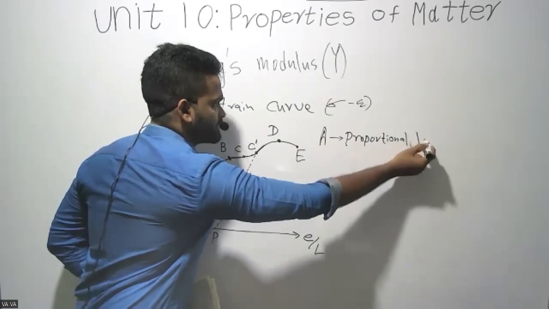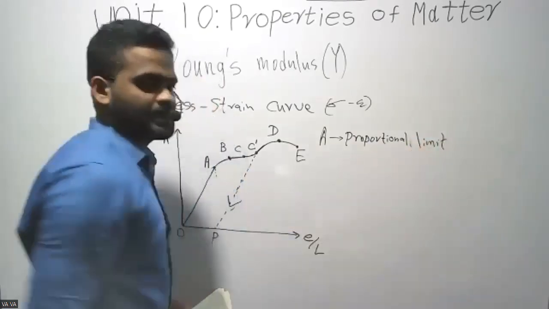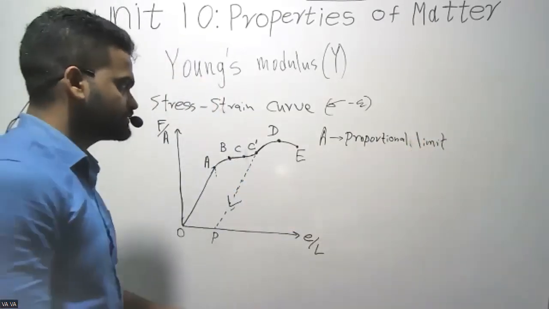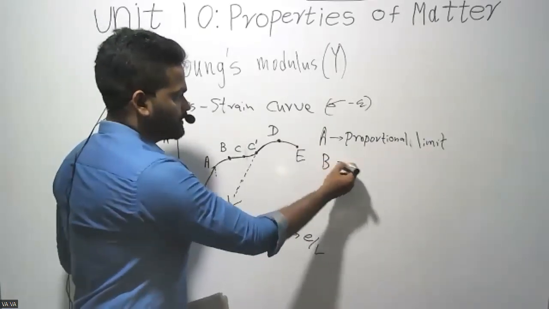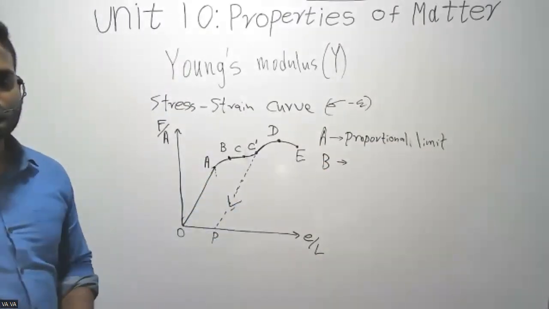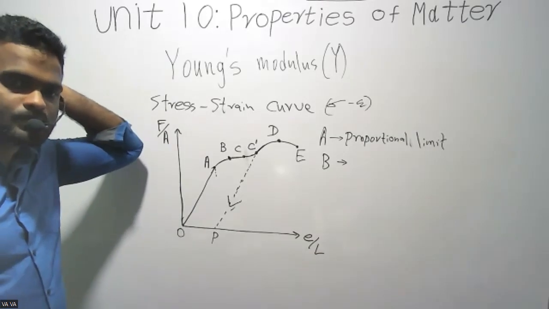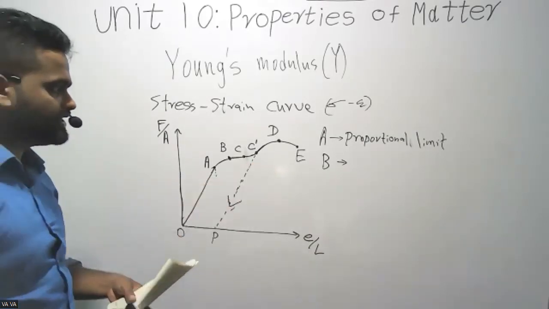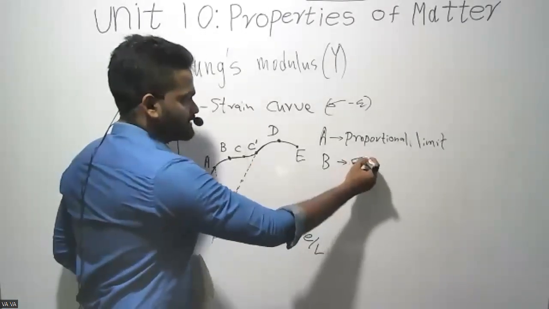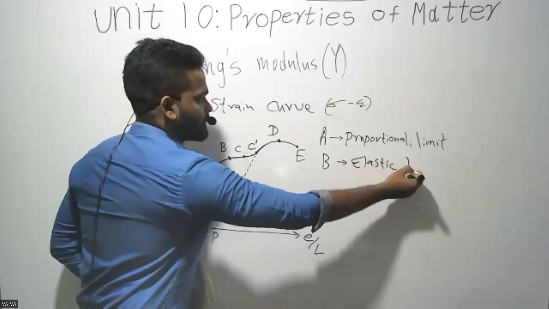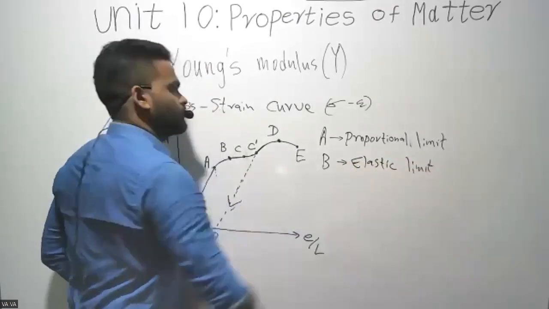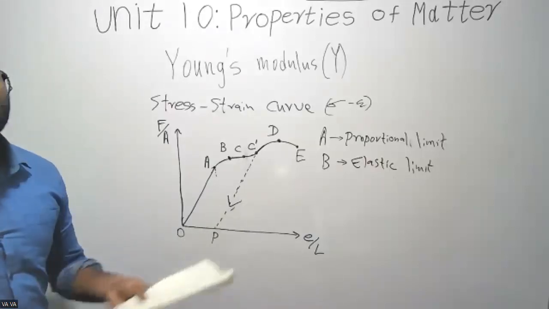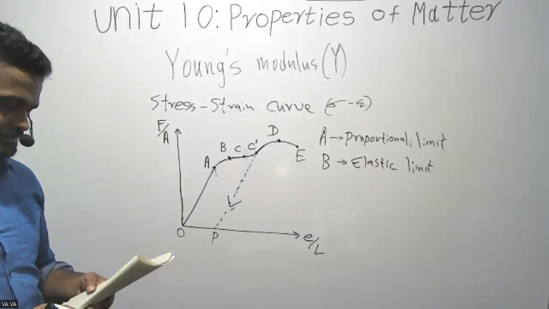Point A is proportional limit. Then point B, we call that elastic limit. Point A, proportional limit. B, elastic limit.